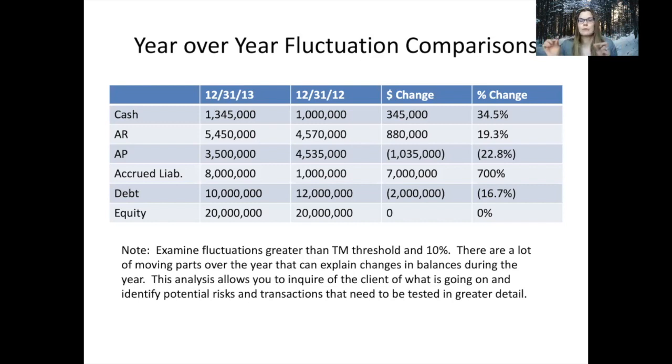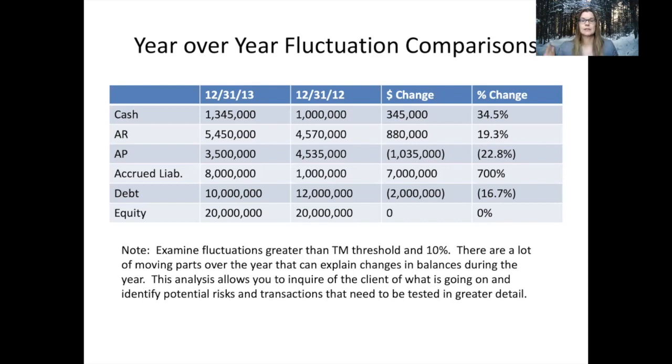If it's just moving by a very small percentage of value, it's really tough to get a good explanation of why it's changing, because the explanation is this is just a normal fluctuation in account balance year over year. Whereas if you have big changes like 22%, there's usually some kind of a good explanation for what's driving that change.